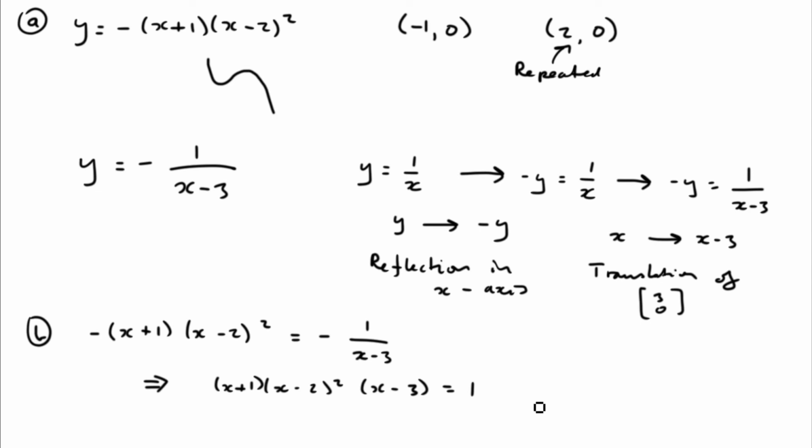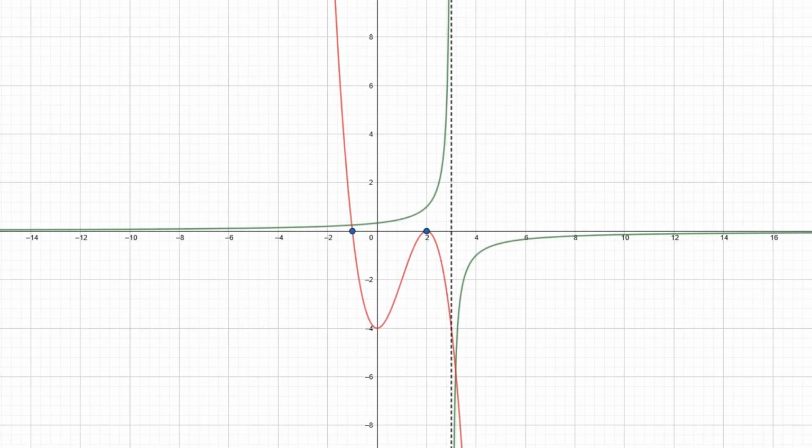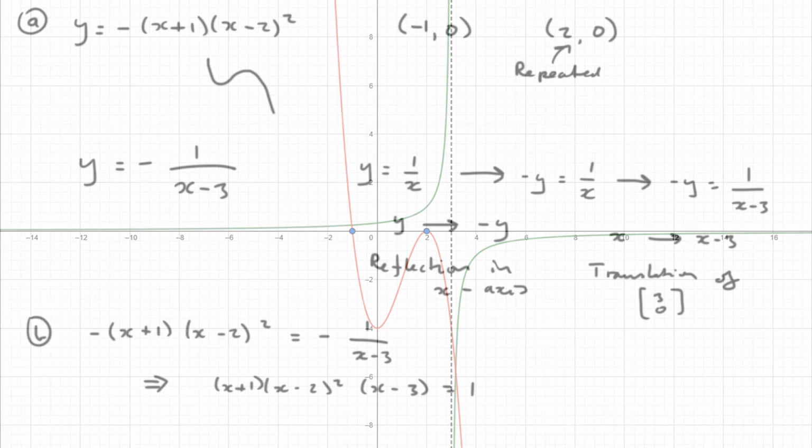So therefore the number of solutions to this equation is the same as the number of points of intersection of our two curves. Returning to look at our curves, we can see that there will be 2 points of intersection. Again, it doesn't matter if our graphs are drawn absolutely perfectly. Because we understand their general shapes and their positions with respect to each other, there can only be those 2 points of intersection.